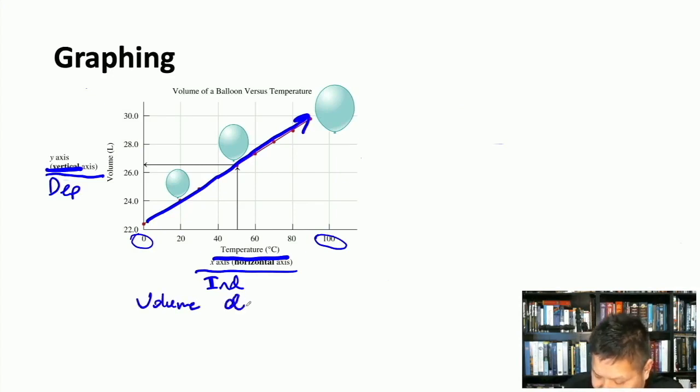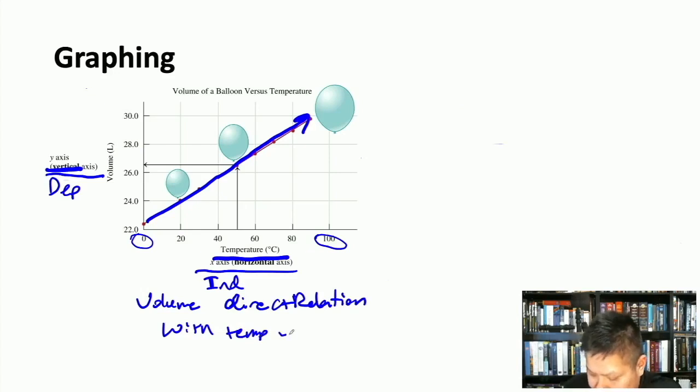Turns out that volume has a direct relationship, there it is, with temperature when we're talking about balloons. If I can write out the word balloons.